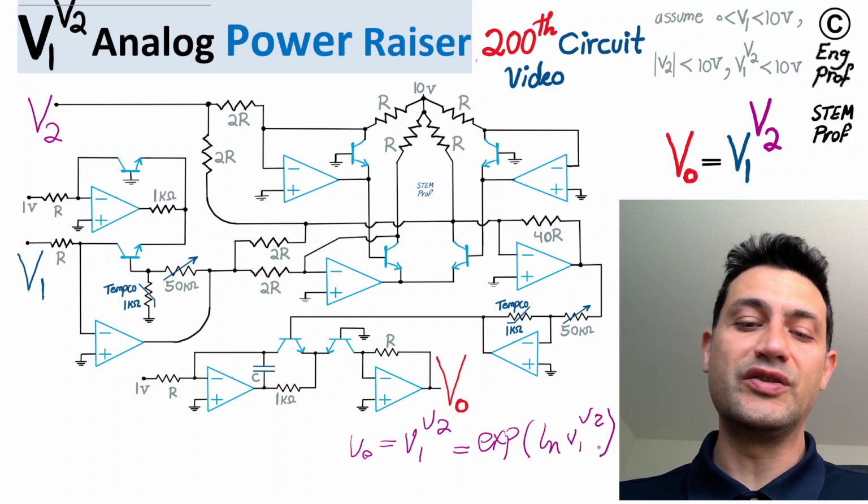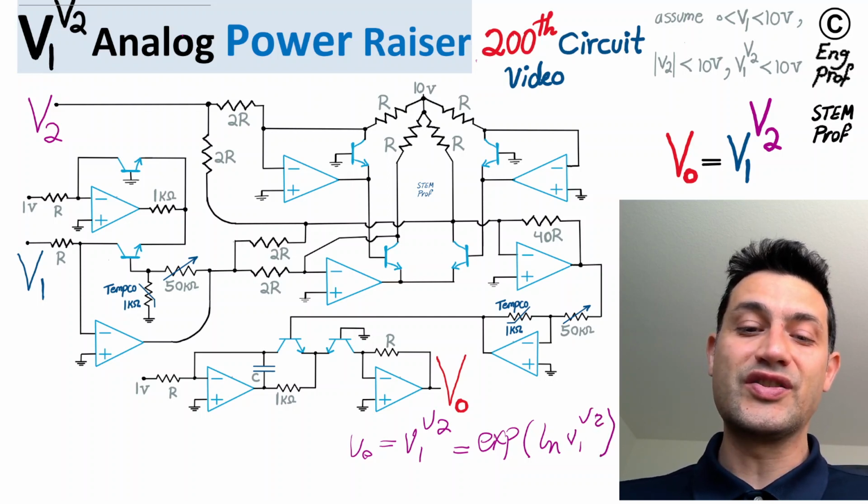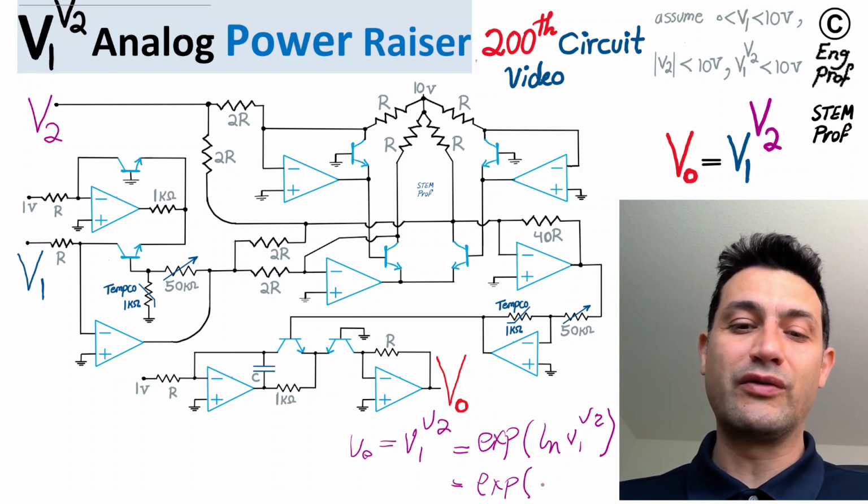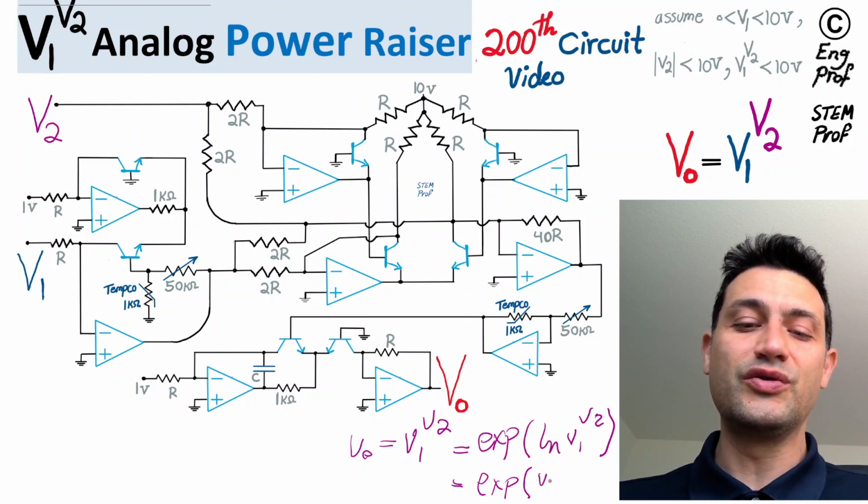So basically, I didn't do anything. I just said, let's take a natural log and then reverse that by doing an inverse function, which is e to the power. And then it becomes exp of natural log of V1 to the power V2, which obviously is V2 times natural log of V1.